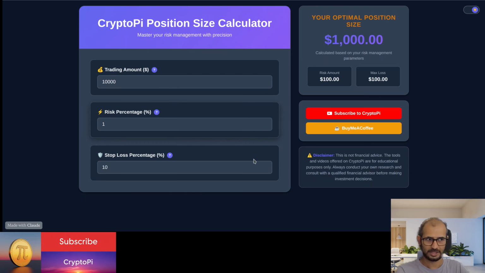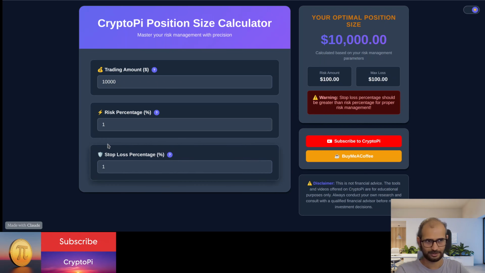There is one additional thing which I have added in this tool: your stop loss percentage should be greater than your risk percentage. The reason is that if it is equal to or less than, then you end up taking a leverage.